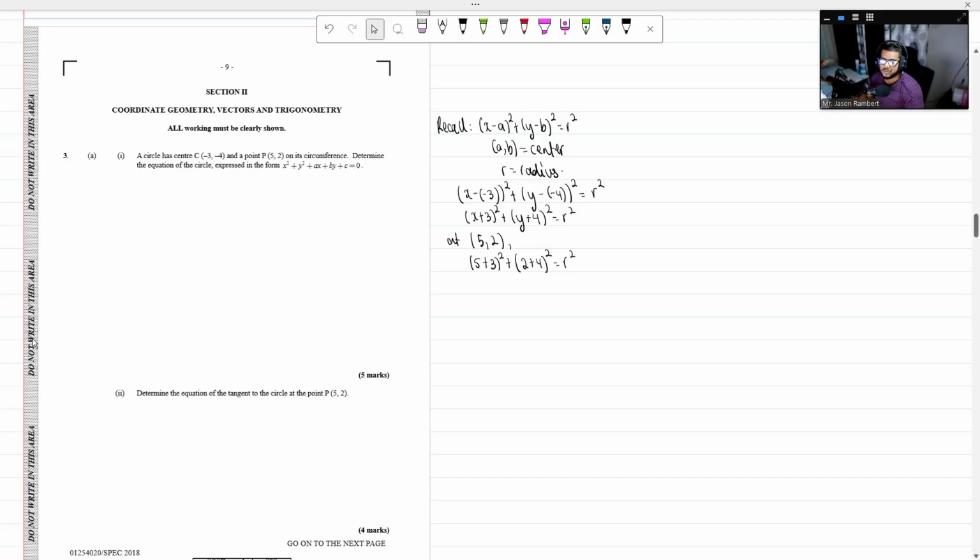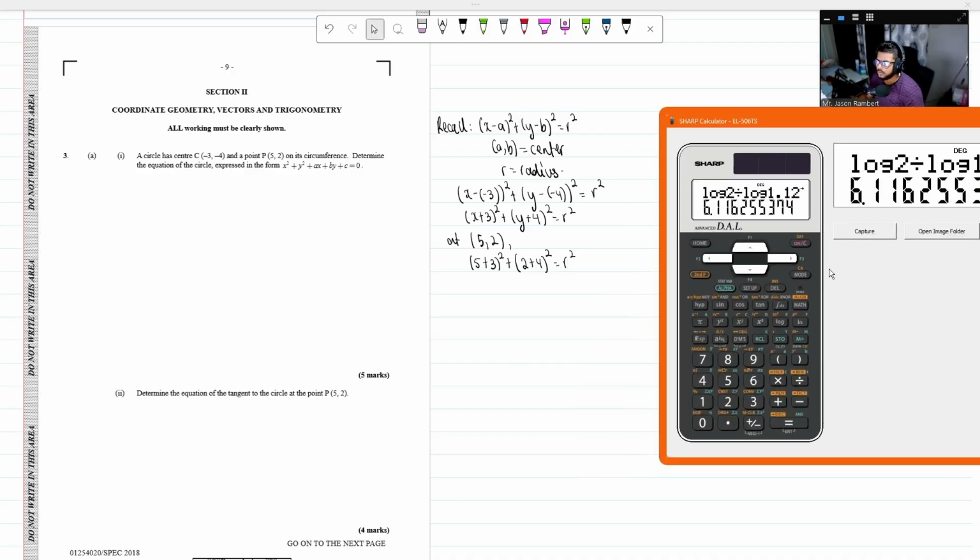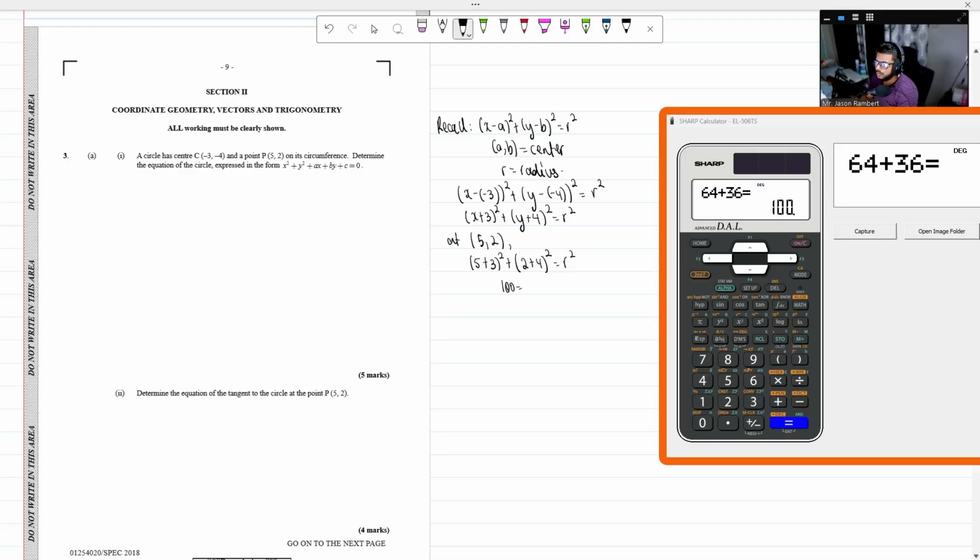So let me work out the left hand side. Again, there is more than one way to do this type of question. We'll do an alternative way after. 5 and 3 is 8, 8 squared is 64, and 4 and 2 is 6, 6 squared is 36, which makes 100. So 100 is equal to r squared, and r is equal to 10.